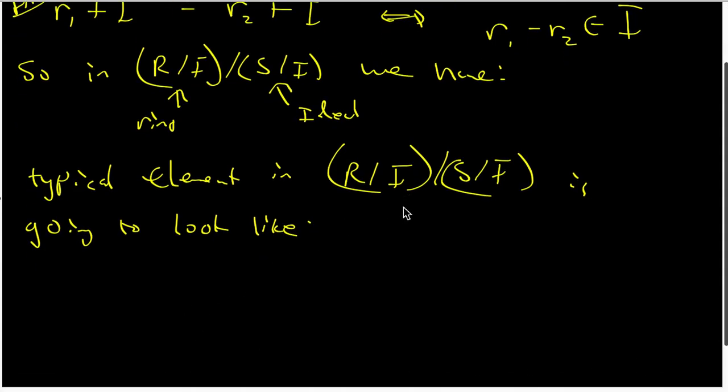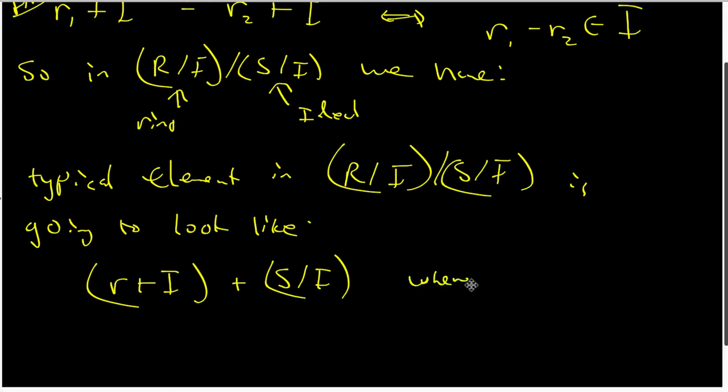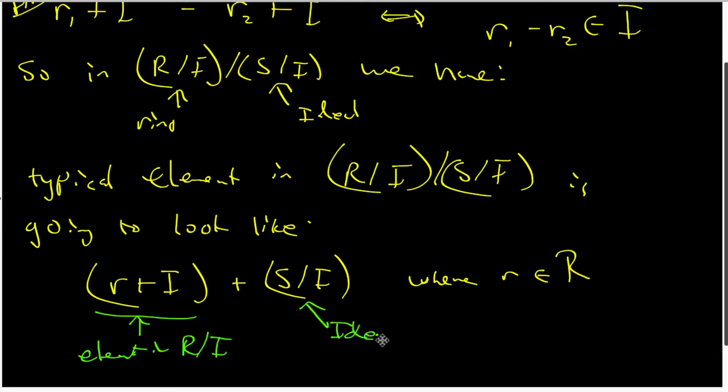Well, we have to have a typical element of R mod I. That would be r plus I. And then we're going to add the ideal that we're modding out by. So our elements are going to look like r plus I plus S mod I, where r is pulled from the ring R. And the reason why this works is that this stuff here is an element in the ring R mod I, and this is the ideal we mod out by.